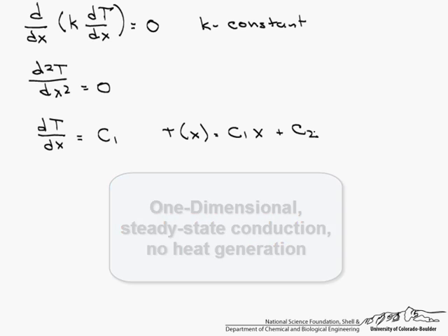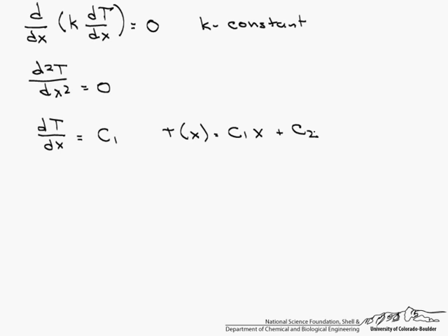The reason that we have different temperature distributions is the boundary conditions used to solve for C1 and C2. So let's take case 1. Let's say at x equals 0, T equals Ts1. At x equals L, T equals Ts2. This is the simplest case we have.